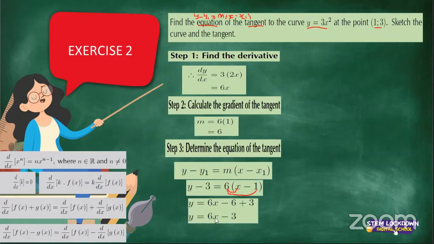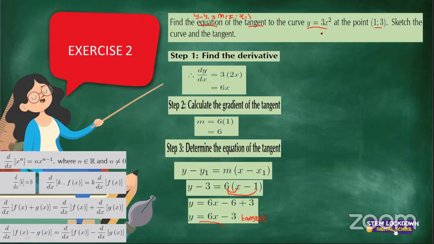So this is the equation of the tangent, which is passing through this point, which is on your curve.